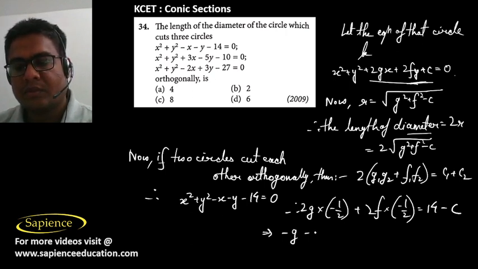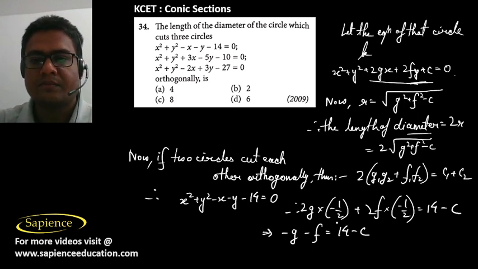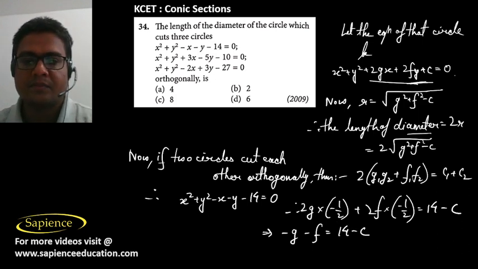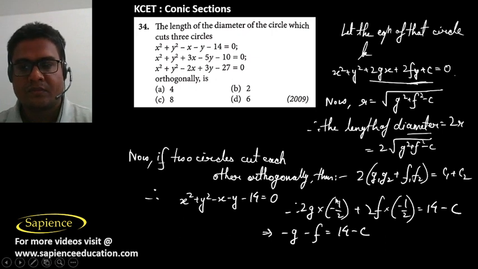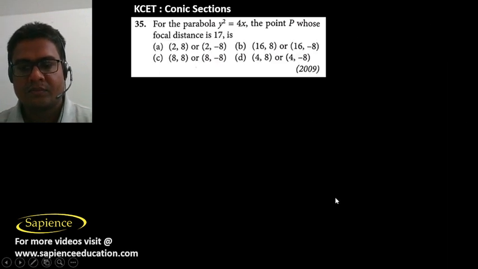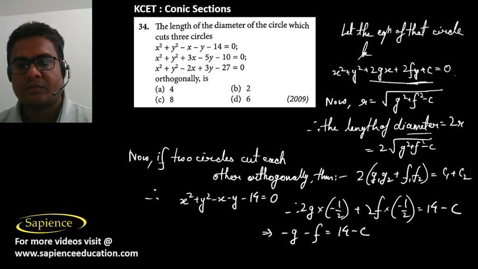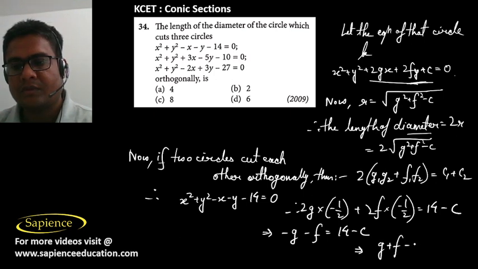So minus g minus f is equal to 14 minus c. So g plus f minus c is equal to minus 14.